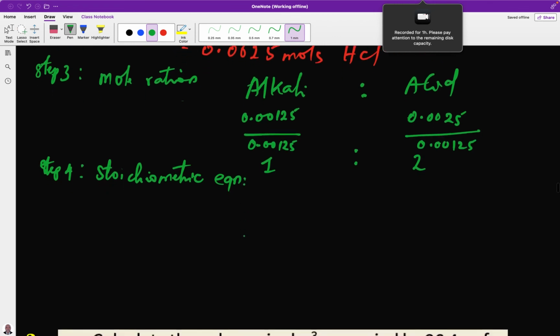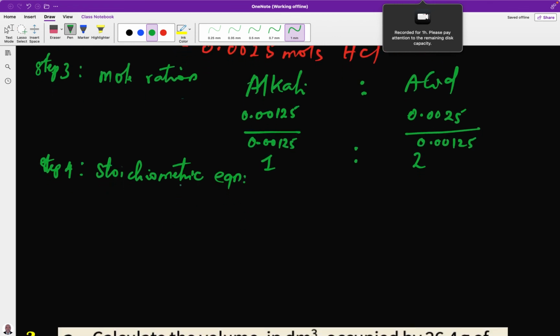Our stoichiometric equation will be this one. Let's write two equations, since we don't know which one is which.